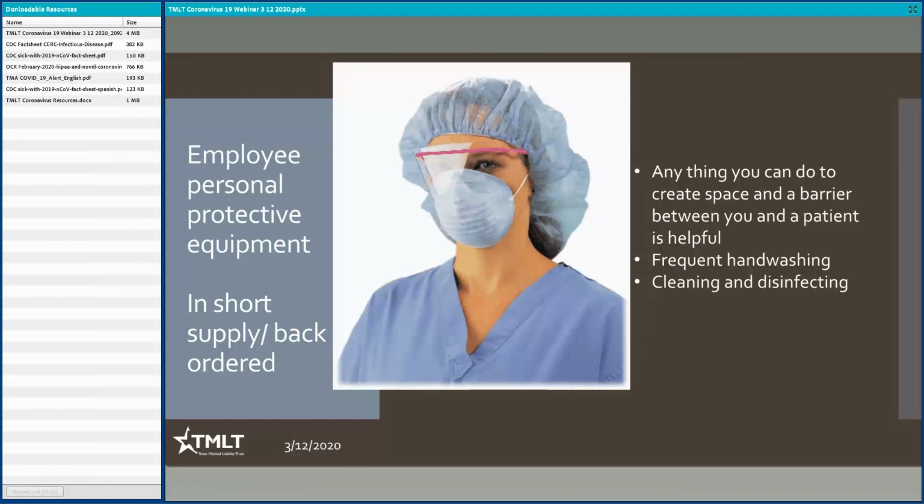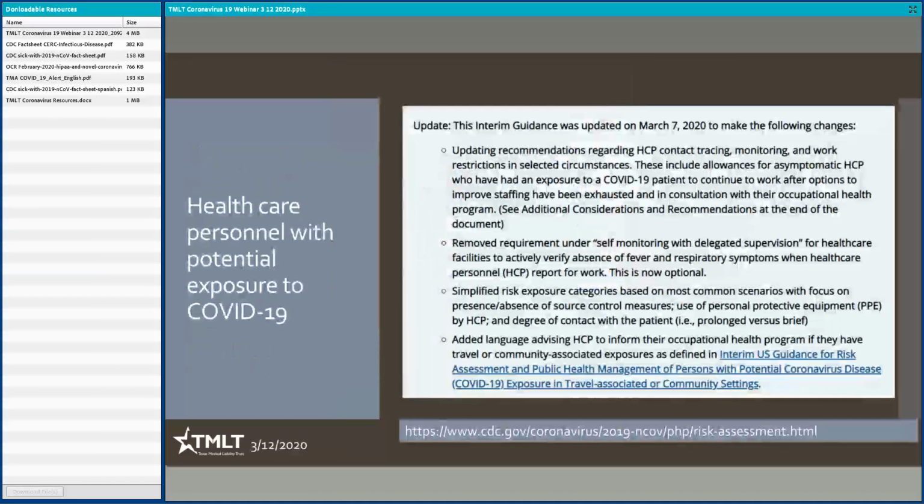Don't forget even the very basics of frequent hand washing and using good cleaning and disinfecting methodologies in your clinic. If you use an outside company for cleaning your offices after hours, you might want to make sure that they are adding a level of disinfection at this time.